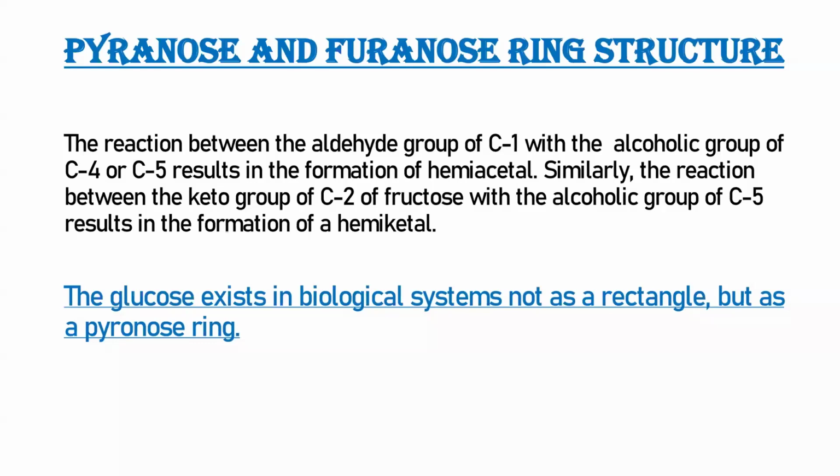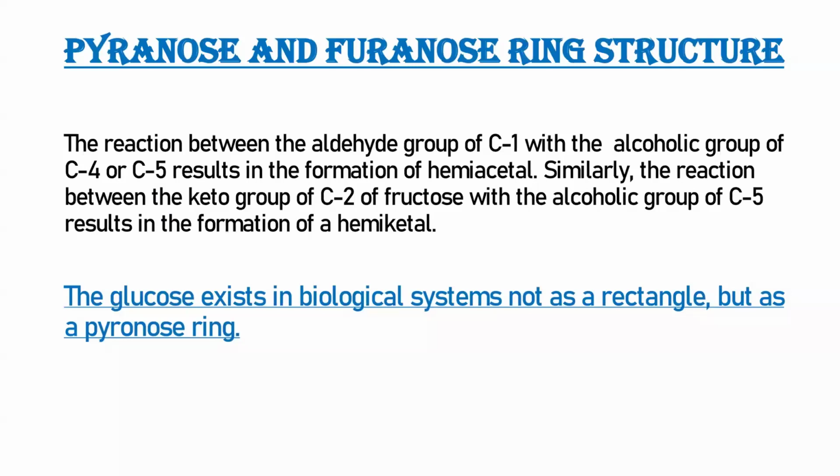And this results in the formation of a hemiacetal. Similarly, the reaction between the keto group of carbon 2 of fructose with the alcoholic group of carbon 5 results in the formation of a hemiketal.